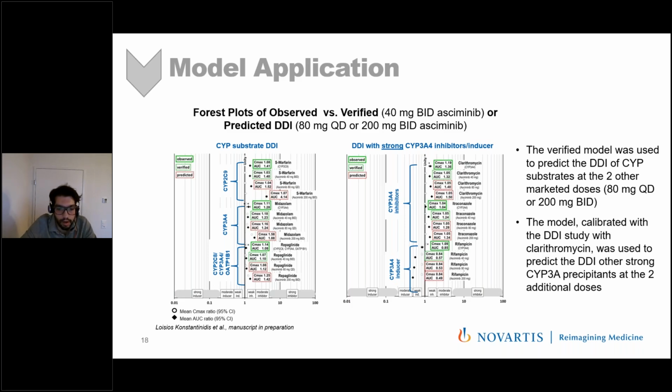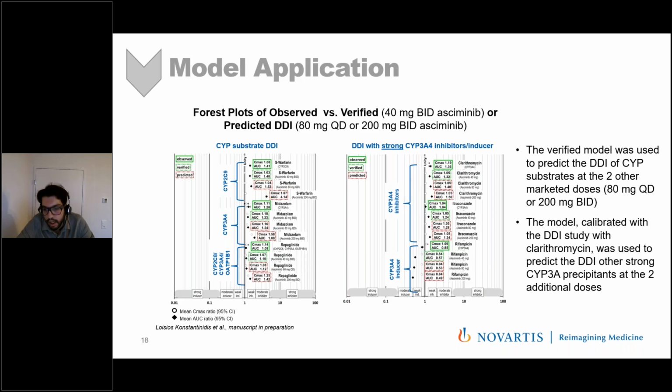The dashed green line shows the verified prediction by the PBPK model at the same dose, and lastly the red dashed line shows the prediction by the PBPK model without the presence of any clinical PK data or any clinical DDI data. You can also see the magnitude of the drug-drug interaction inside those boxes for both the Cmax and AUC ratio.